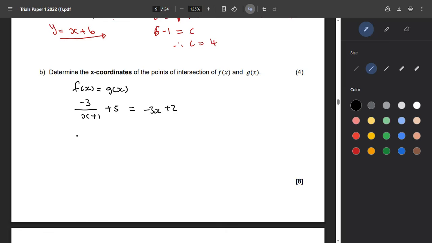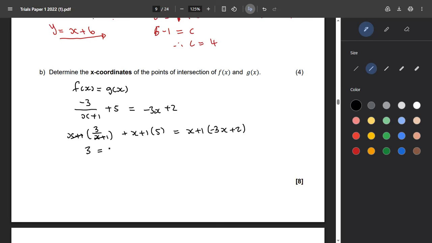Let's get rid of the fraction, meaning we need to multiply every term by that x plus 1. I need to multiply the 3 over that x plus 1, then multiply the 5, then multiply the negative 3x plus 2. So these two cancel, I'm left with -3.